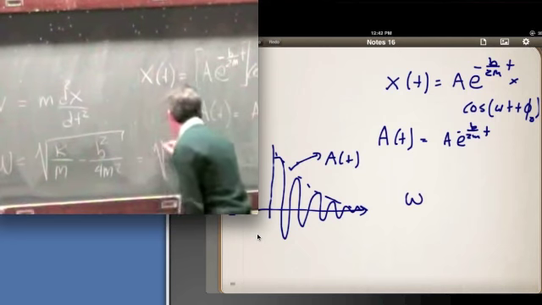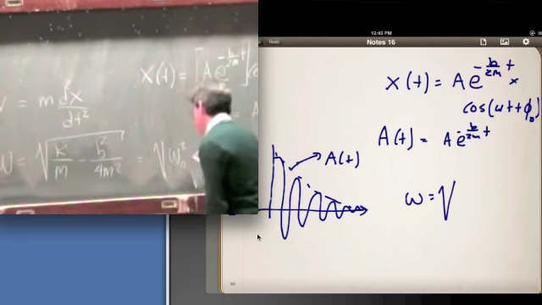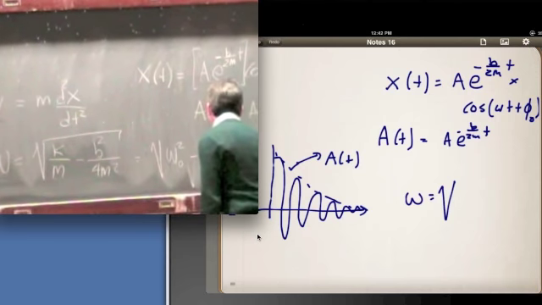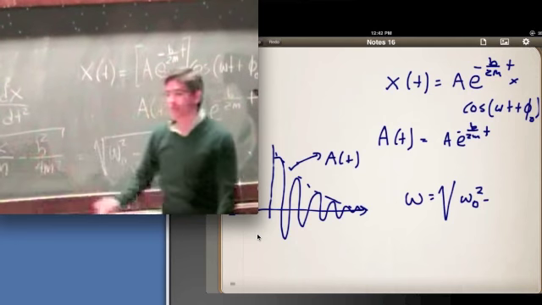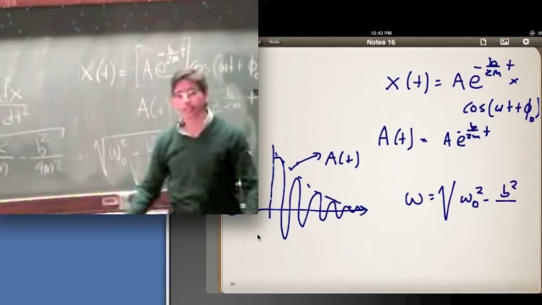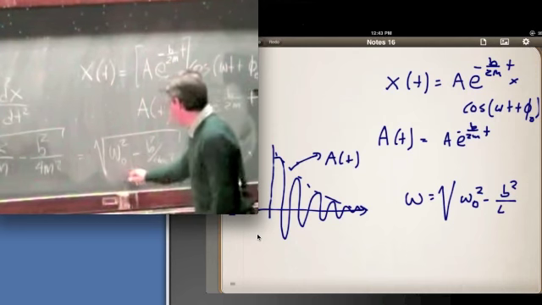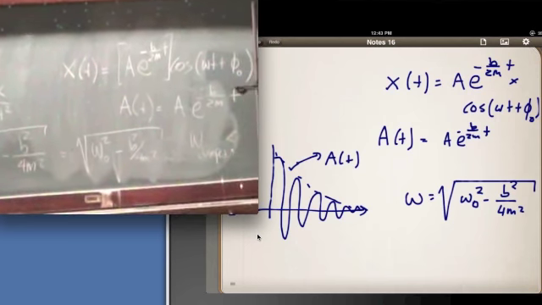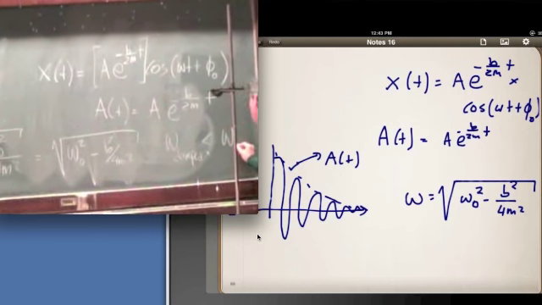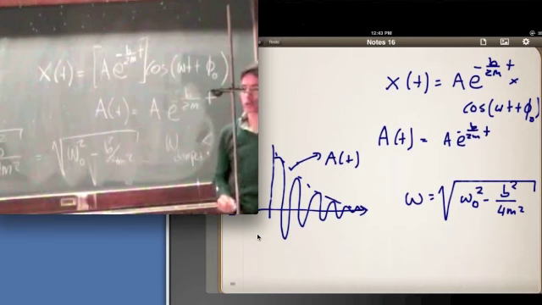We can write this as the square root of omega 0 squared minus b squared over 4m squared. That's just writing the same thing, just calling this quantity the angular frequency without any damping. So you can see that whenever there is damping, the angular frequency is going to be smaller than the frequency without damping. Sort of makes sense, right?